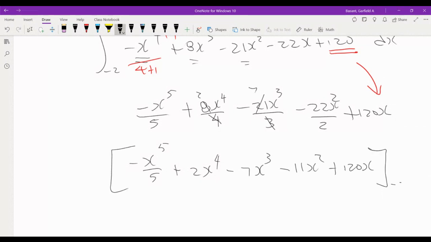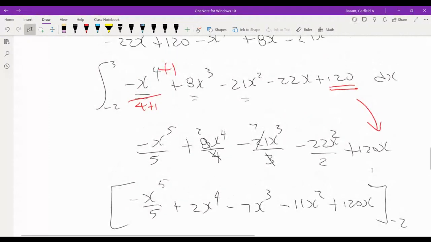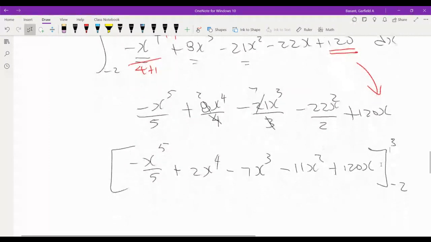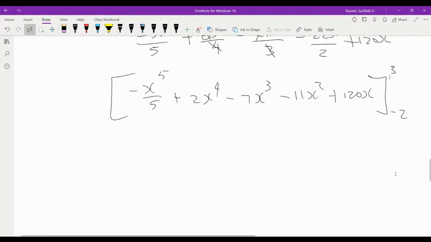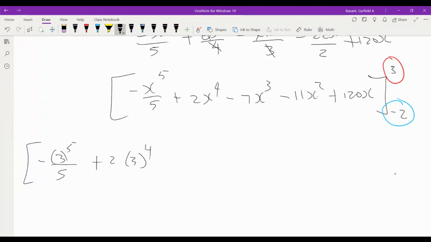Now the only thing we need to do now is plug in -2 and 3. And we always plug in the top number first. Don't forget that. So we're going to plug in the 3, then we're going to plug in the -2. So be careful here. It's negative 3 to the 5th over 5 plus 2 times 3 to the 4th minus 7 times 3 to the 3rd minus 11 times 3 squared plus 120 times 3.